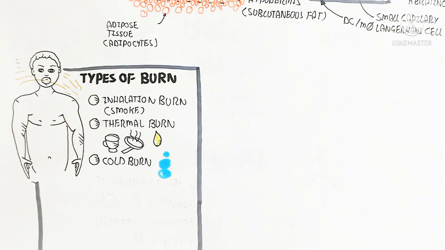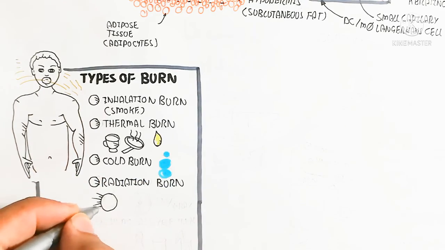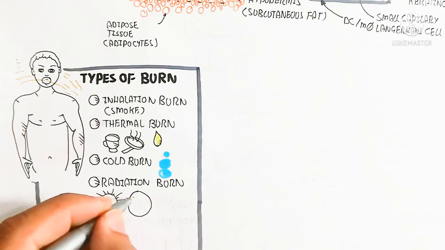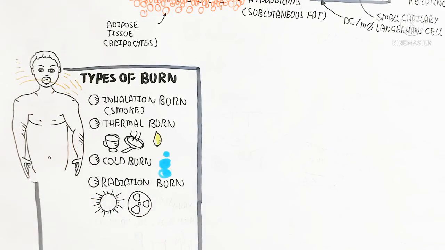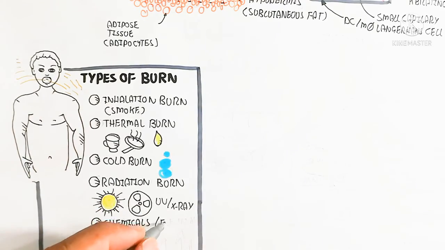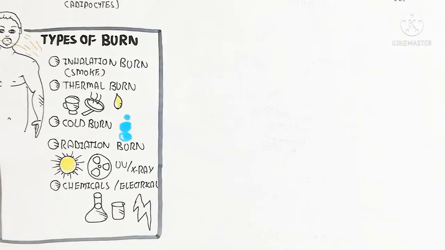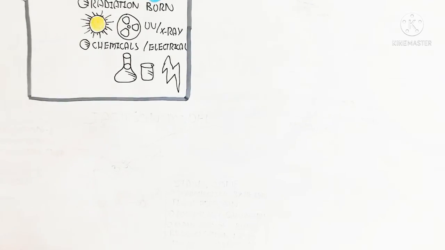A cold burn occurs when snow is attached to the body. On the other hand, there is the radiation burn. This radiation burn can be from UV light, X-ray, or other radiation. Ultraviolet radiation will damage the skin, and fair-skinned people can be more affected.